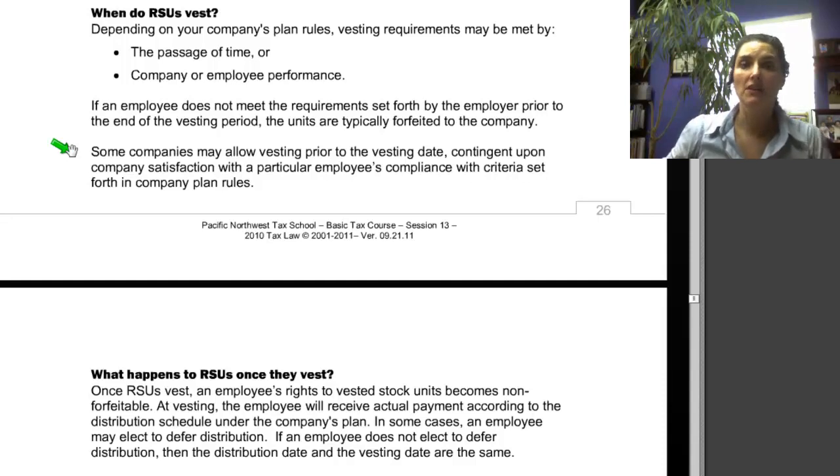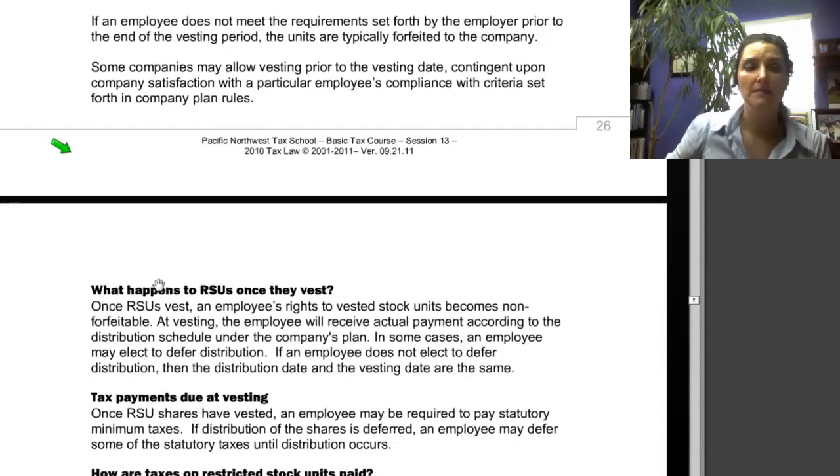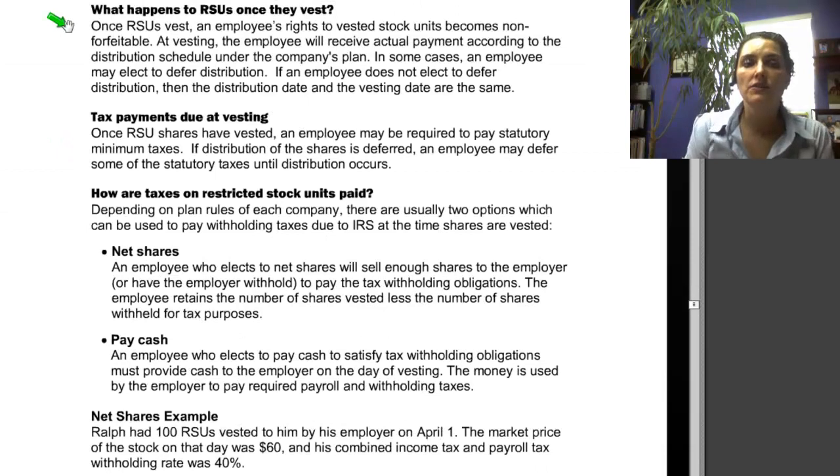Now, what happens when the RSUs do vest to that employee? Well, once RSUs are vested, an employee's rights to vested stock units become non-forfeitable. At vesting, the employee will receive actual payment according to the distribution schedule under the company's plan. In some cases, an employee may elect to defer distribution.